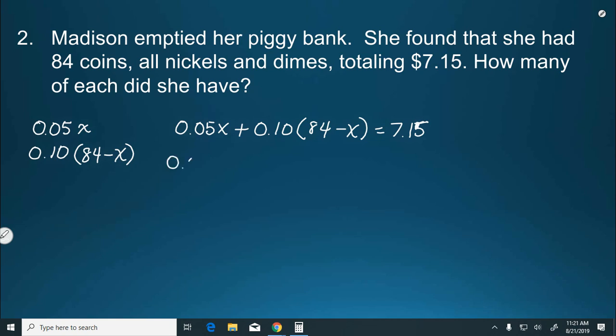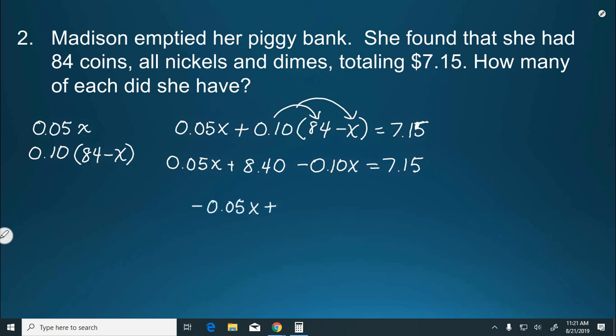So again, I want to distribute. A dime times 84 is going to be $8.40 minus, because it's a positive times a negative, 10 cents x equals 7.15. So now we do 5 cents x minus 10 cents x, and I get negative 5 cents x plus 8.40 equals 7.15.